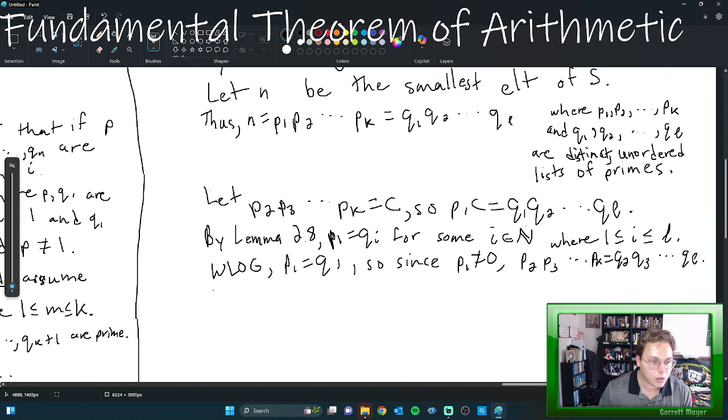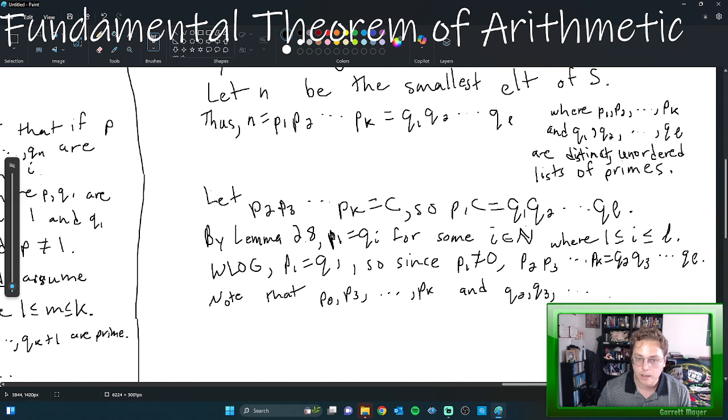So note that p2, p3, through pk and q2, q3, through ql must be distinct.